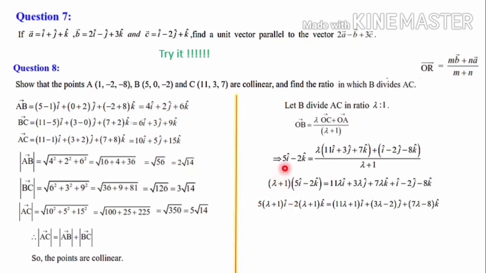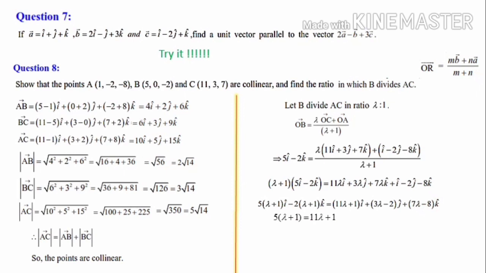Removing the bracket, lambda plus 1 multiplied with 5i cap gives 5 into lambda plus 1 into i cap, and lambda plus 1 into minus 2k cap gives minus 2 into lambda plus 1 into k cap, which is equal to, with a little grouping: for i cap, 11 lambda plus 1, so 11 lambda plus 1 into i cap will be coming, plus for j cap the coefficient is 3 lambda and minus 2, so 3 lambda minus 2 into j cap, and for k cap, 7 lambda minus 8 into k cap.